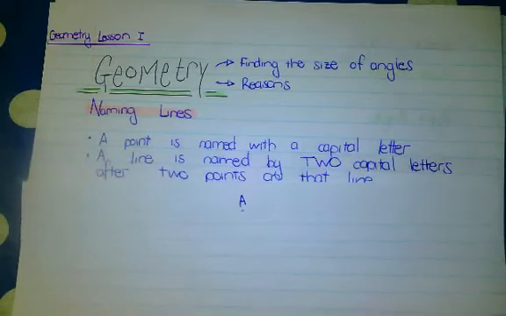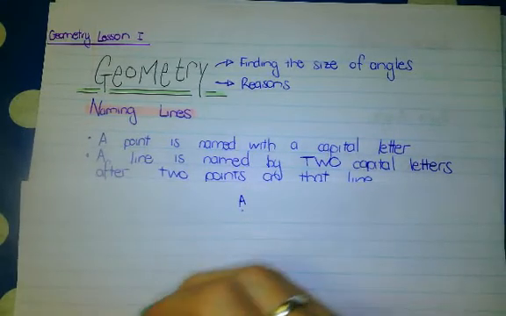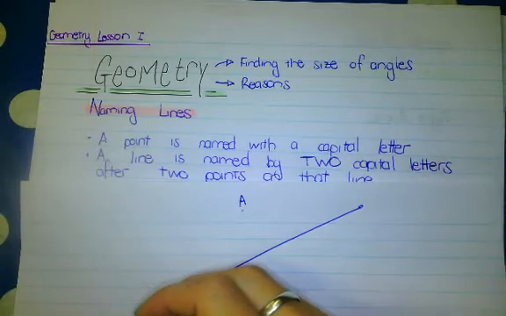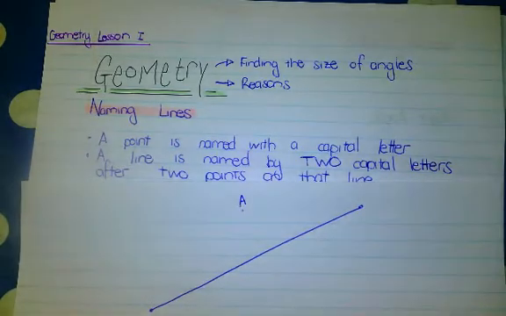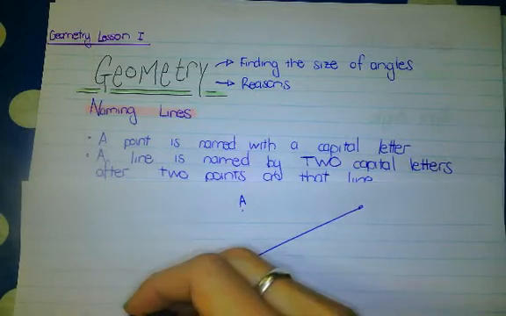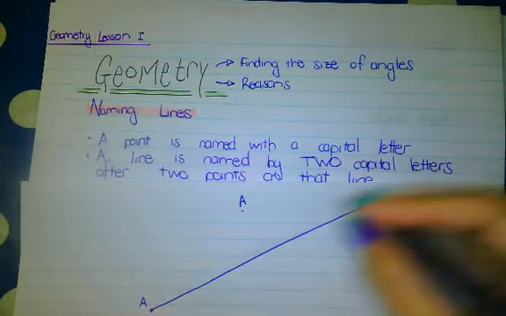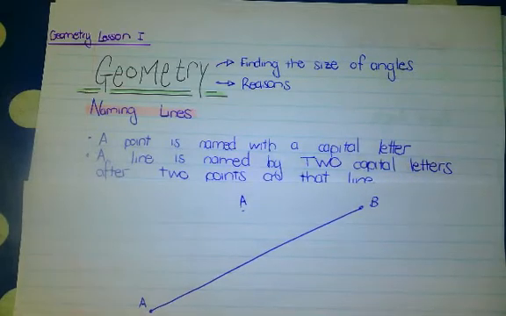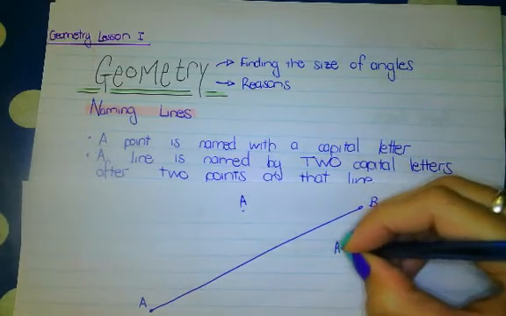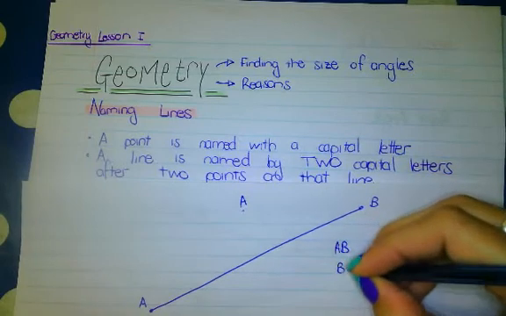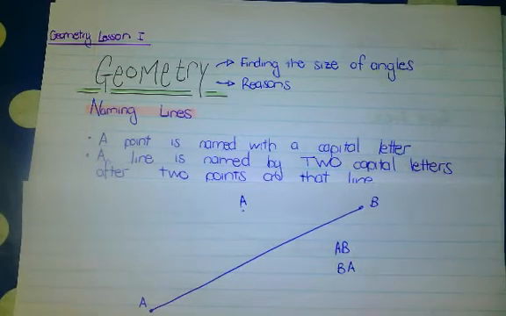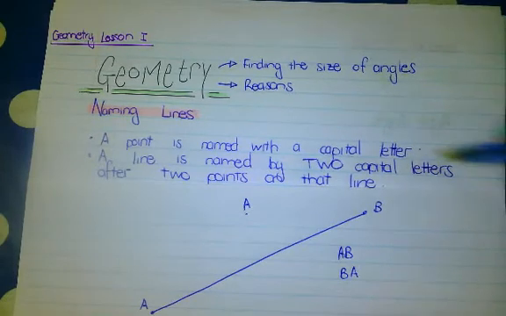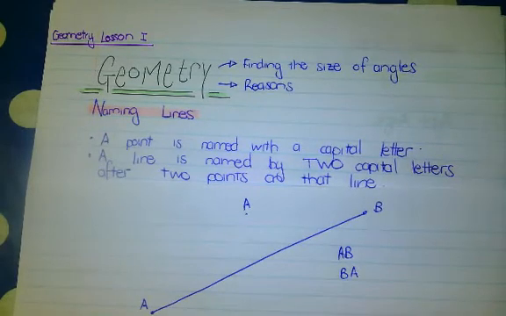A line is labeled with two capital letters, and they are the letters that are labels for the points that are on that line. So if that point was called point A and that point was called point B, then this line would be called line AB, or line BA, same thing. So a point is named with one single capital letter, a line is named by two capital letters.